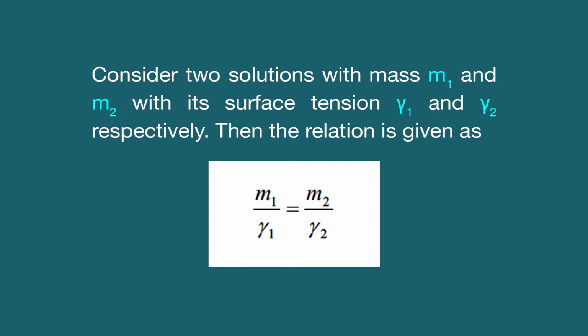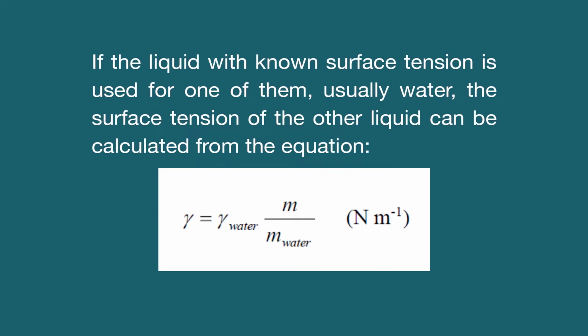Then the relation is given as m1 by m2 equal to gamma 1 by gamma 2. If a liquid with known surface tension is used for one of them, usually water, the surface tension of the other liquid can be calculated from the equation. Gamma is equal to gamma of water into m by m of water.